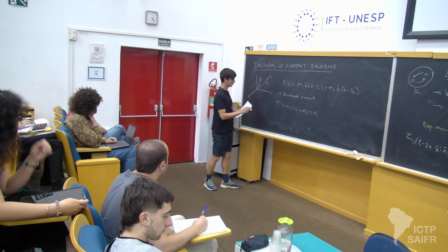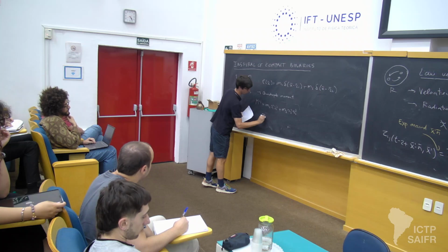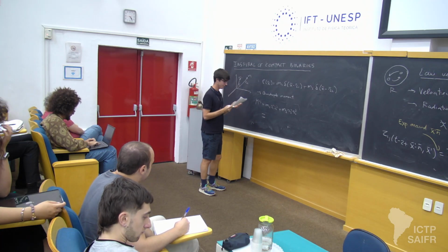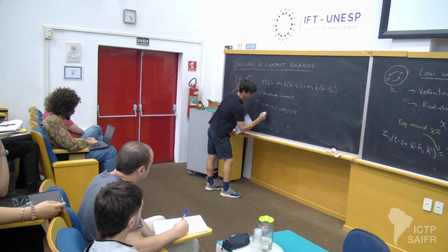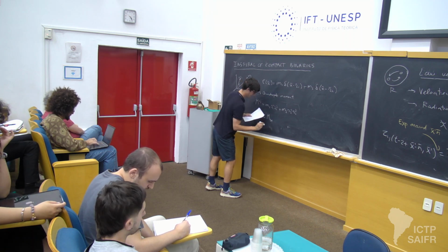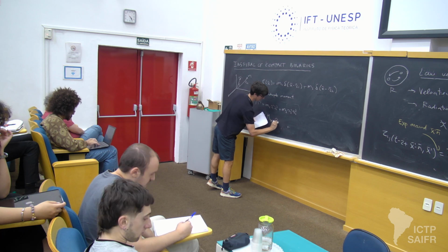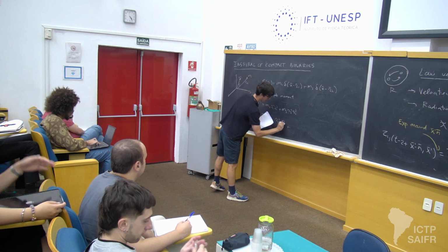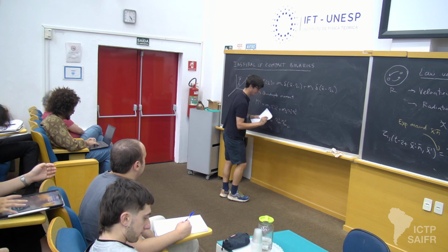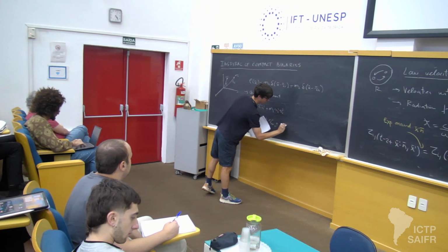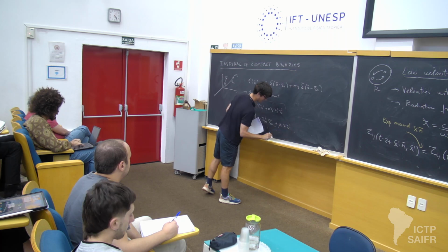And then what is useful now is to go to the reference system of the center of mass. If you do that, this is defined as the total mass times R of the center of mass i, which I'm going to define in a second, R of the center of mass j, plus the reduced mass mu times Ri Rj.